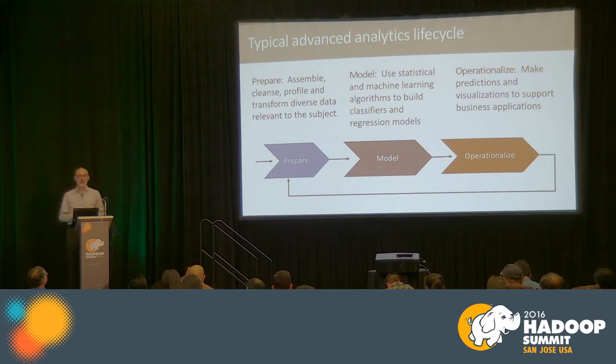In the modeling step, we're going to build statistical and machine learning models, for example, classifiers and regression models. We both fit models in this stage, and we then test those models to evaluate their performance, and we may iterate on the architecture of those models and choice of model to get the desired performance.